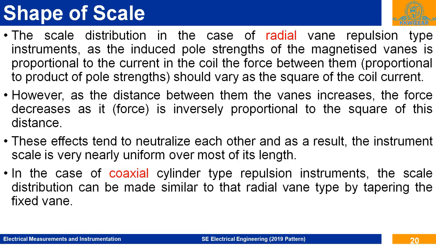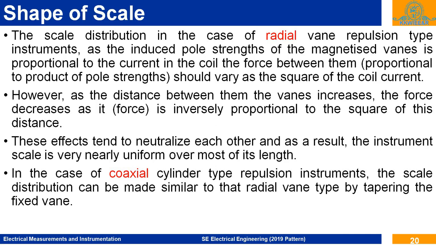In the case of a coaxial cylinder type repulsion instrument, the scale distribution can be made similar to the radial vane type of instrument by tapering. So to get the uniform scale in the coaxial type instrument, the fixed iron piece is given a tapering shape, so that at one end it is decreasing.